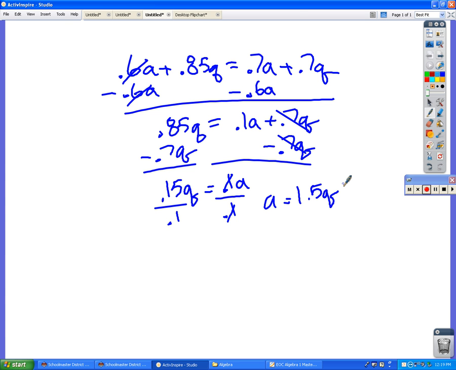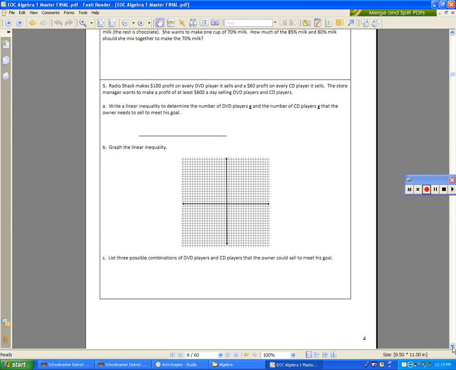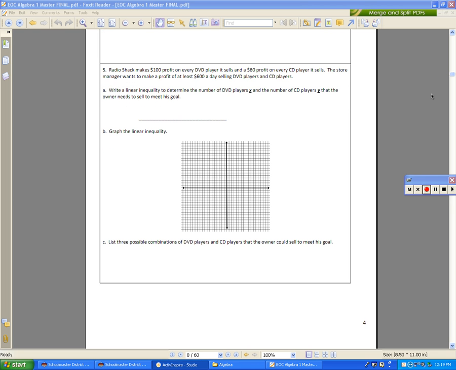Okay, all right, let's do that last one. And then, like I said, we will call it a day. All right, so the last one says Radio Shack makes a $100 profit on every DVD player it sells and a $60 profit on every CD player it sells. The store manager wants to make a profit of at least $600 a day selling DVD players and CD players.